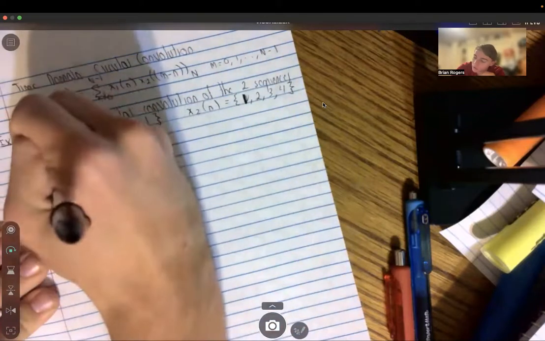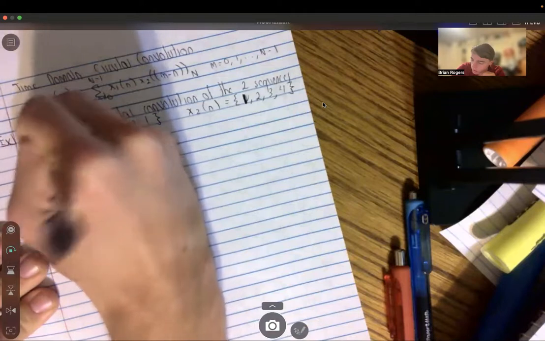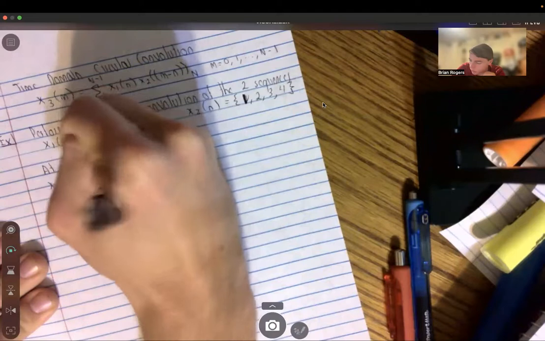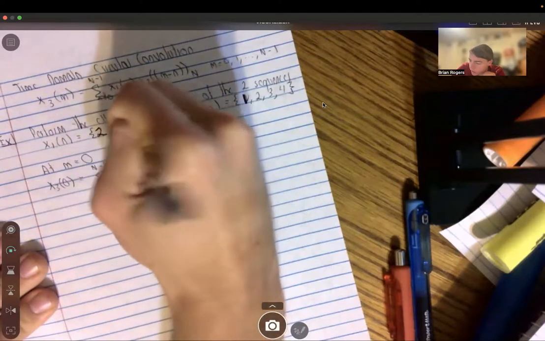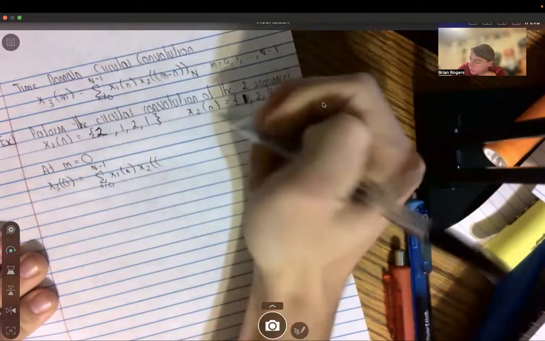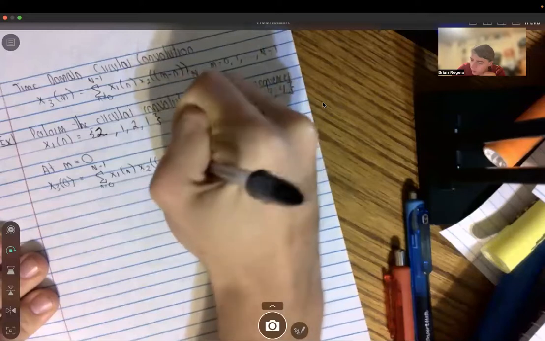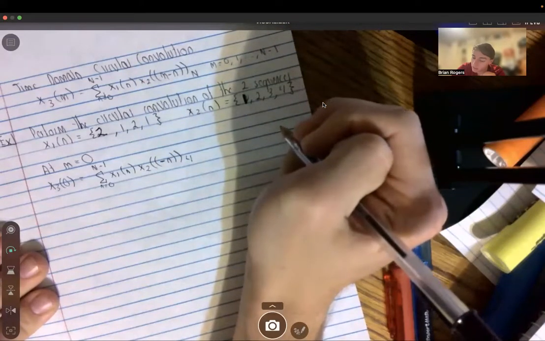So if we wrote this in equation form for the first circular convolution, it'd be x3 of 0 is going to be equal to the summation from n equals 0 to N minus 1, x1 of n, and then x2, and then our m would be 0 here, so it'd just be minus n, and then our capital N is 4, the length. And so x3 of 0.